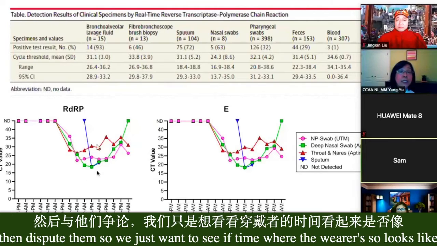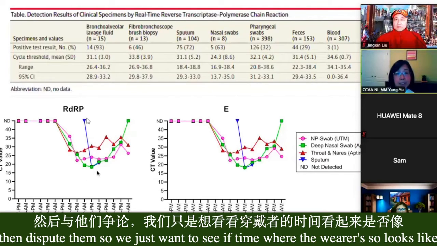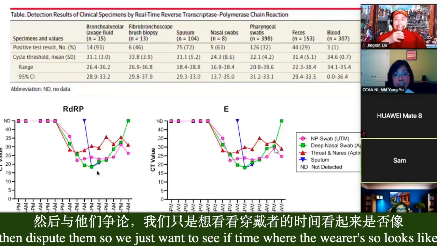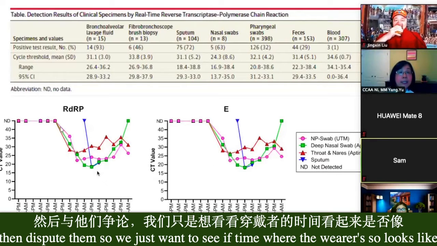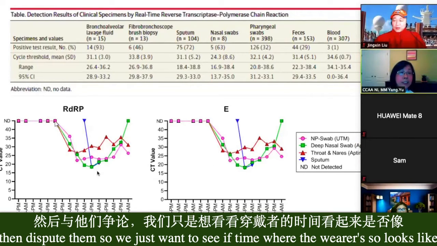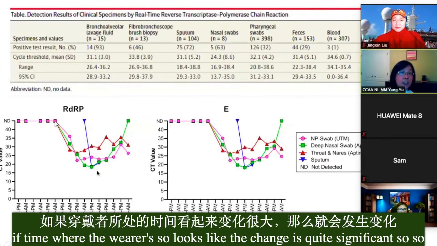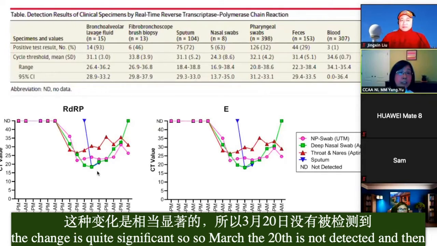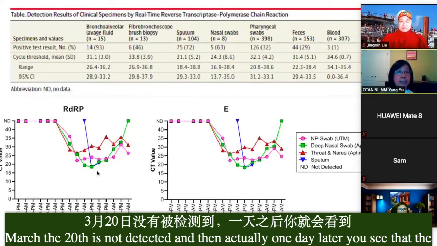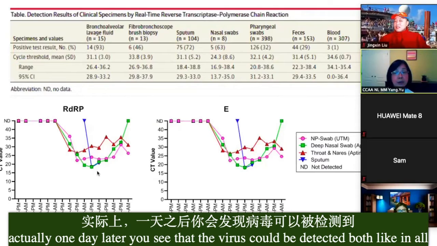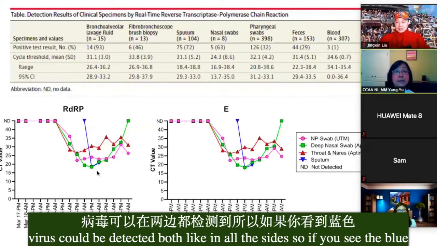We just wanted to see the time when the virus could be detected. It looks like the change is quite significant. March the 20th is not detected, and then one day later, you see the virus could be detected in all the sites.